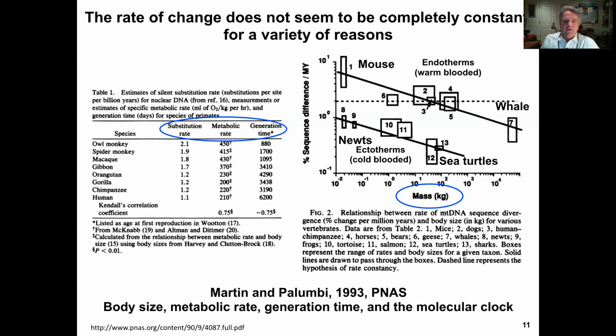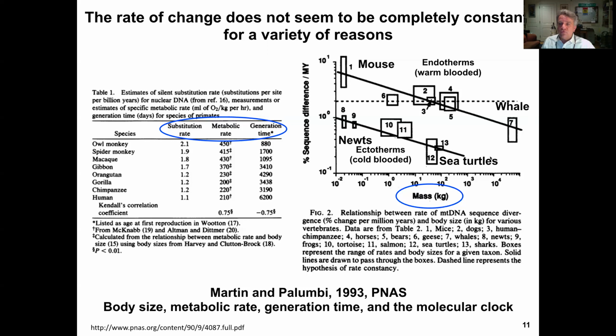And a really elegant study that was done in the early 90s showed that if you look at the range of metabolic rate and generation time, you see a really interesting pattern. So all mammals are endotherms and they're warm-blooded, but mammals exhibit quite a range of variation in metabolic rate and generation time.